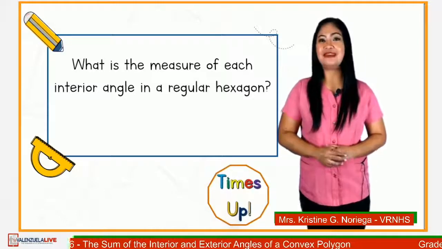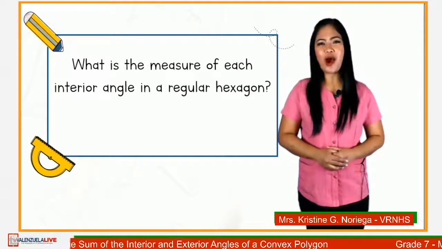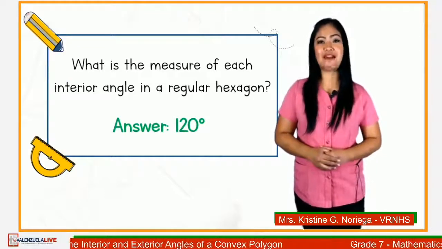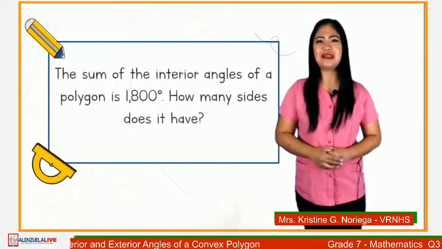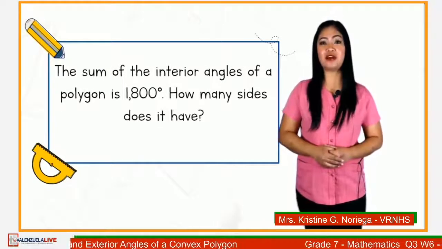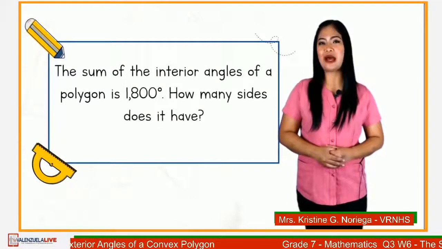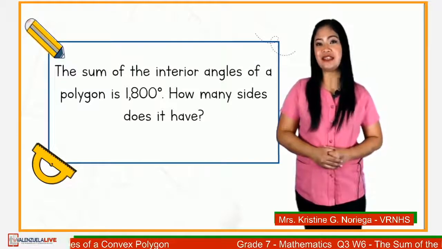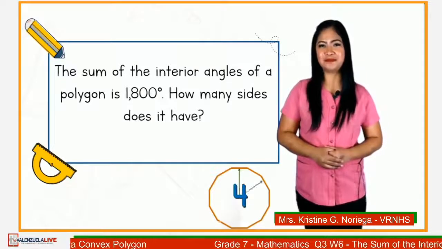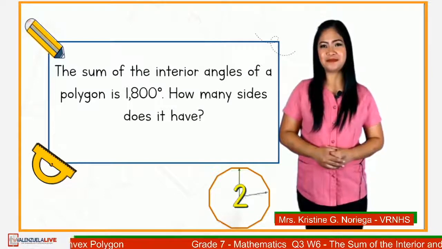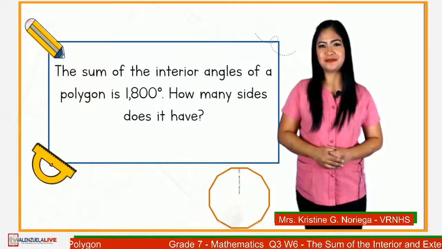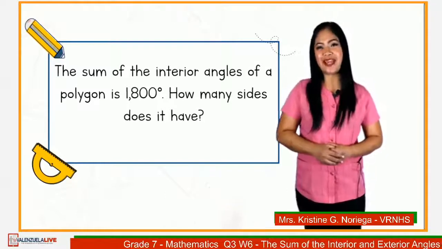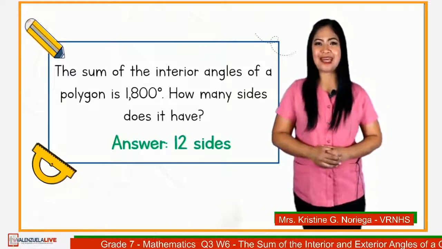Time's up. The correct answer is 120 degrees. And for our fifth and final question, the sum of interior angles of a polygon is 1,800 degrees. How many sides does it have? Time's up. The correct answer is 12 sides.